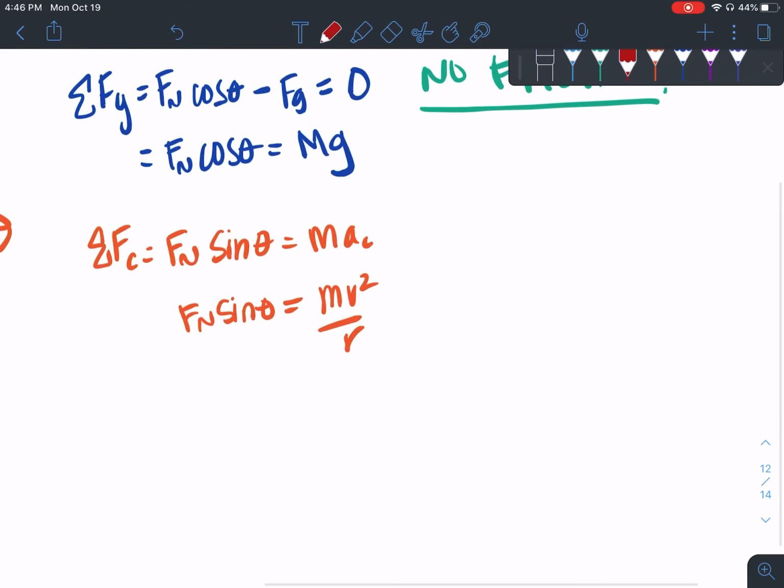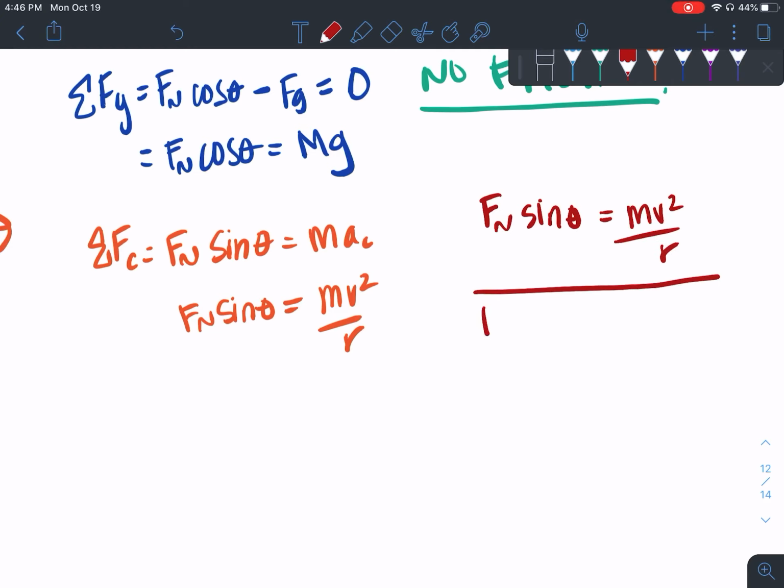So once again, I'm going to say Fn sine theta equals mv squared over r, and I'm going to divide this side by Fn cosine theta, and this side by mg. We can do a little bit of cancellation here.